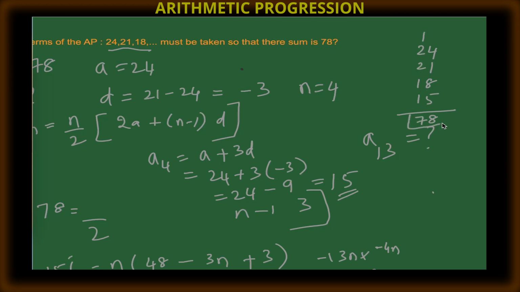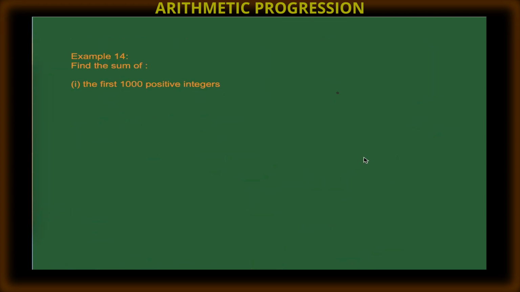Okay. So we had the Sn, right? So the fourth term, so straightforward here, the fourth term. Okay, so they must be taken so that the sum is 78. So sum is 78 means n should be 4. Okay, hence proved. Yeah, let's move on to the next question.